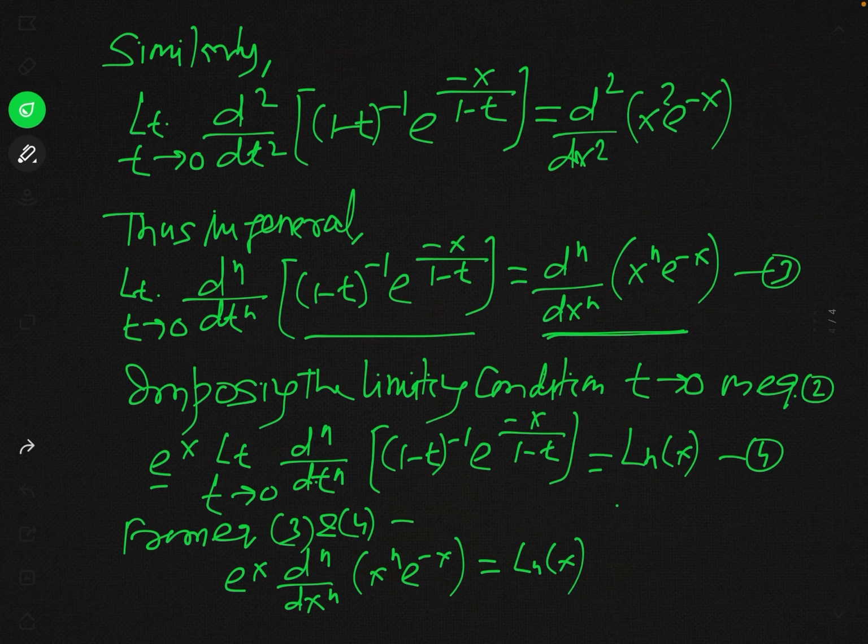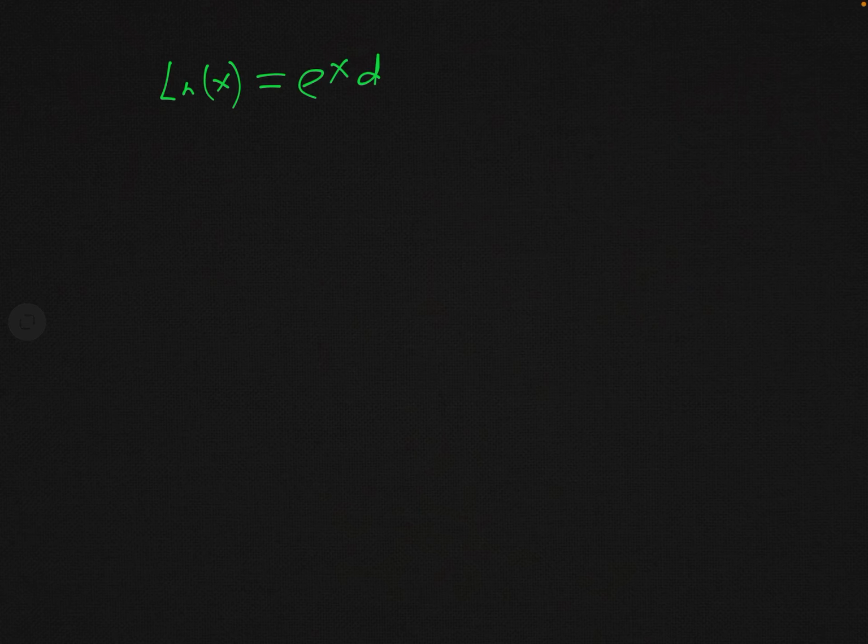So you can see what we have got here. You can easily write that Ln of x is equal to e to the power x times dn dxn of x raised to the power n e raised to the power minus x.